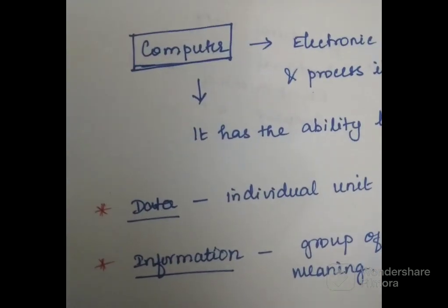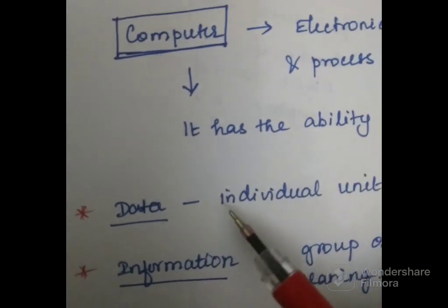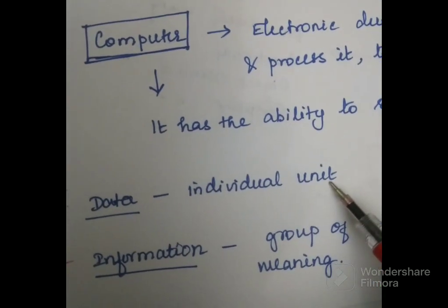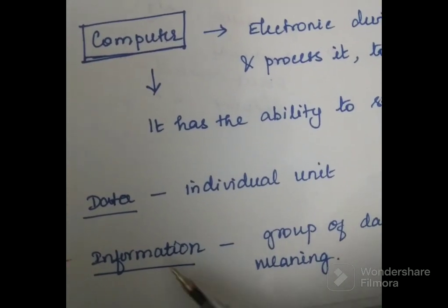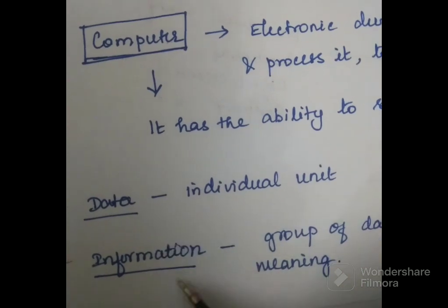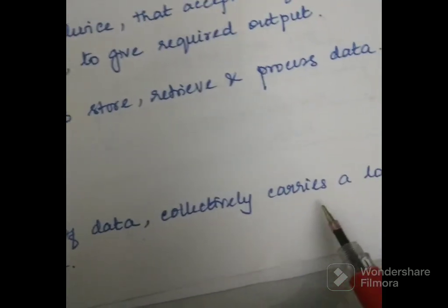And we need to know two important terms, data and information. Data is the individual unit, raw data, and information is the processed data. That is, information is a group of data that collectively carries a logical meaning.